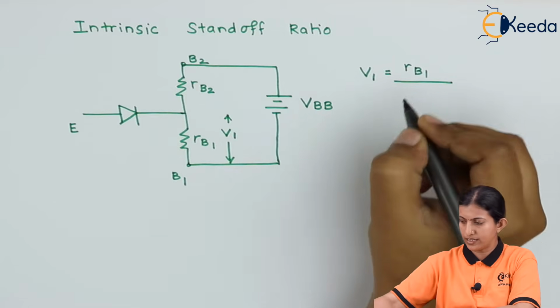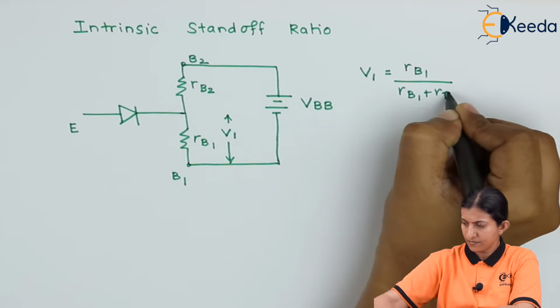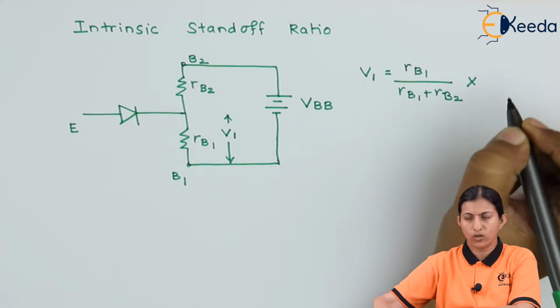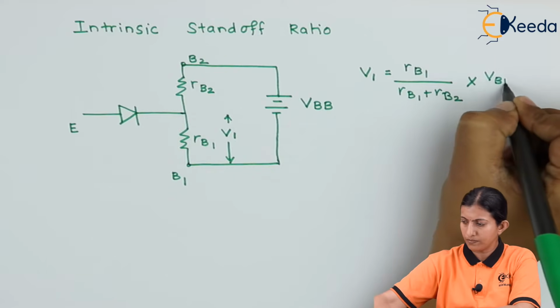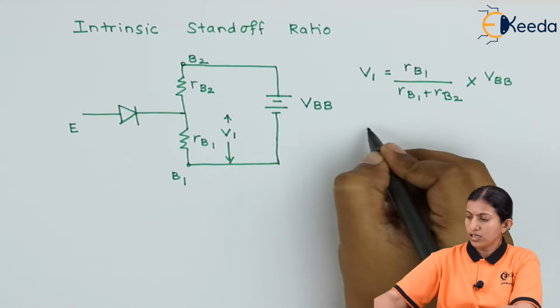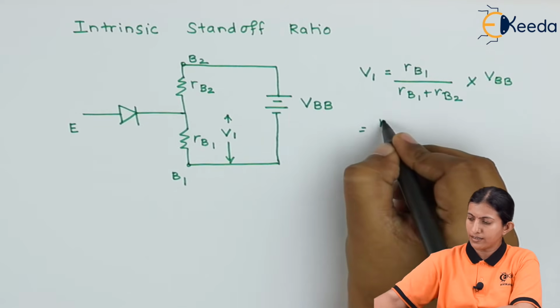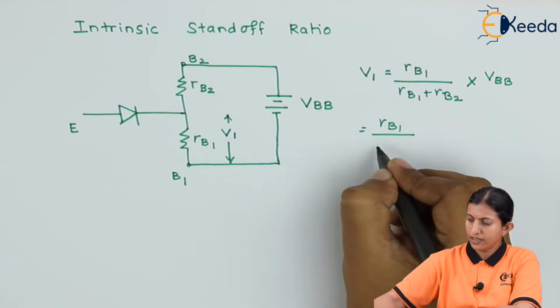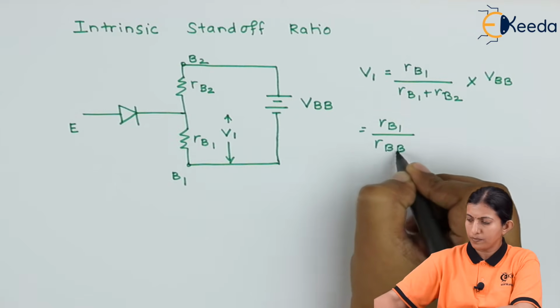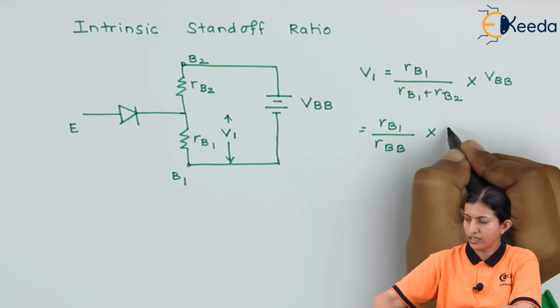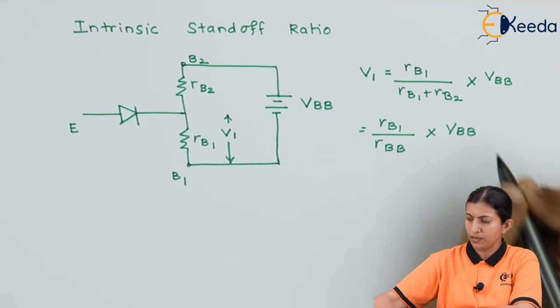divided by the total resistance, times the supplied voltage, which is VBB. This total is the interbase resistance, which we can write as RBB.